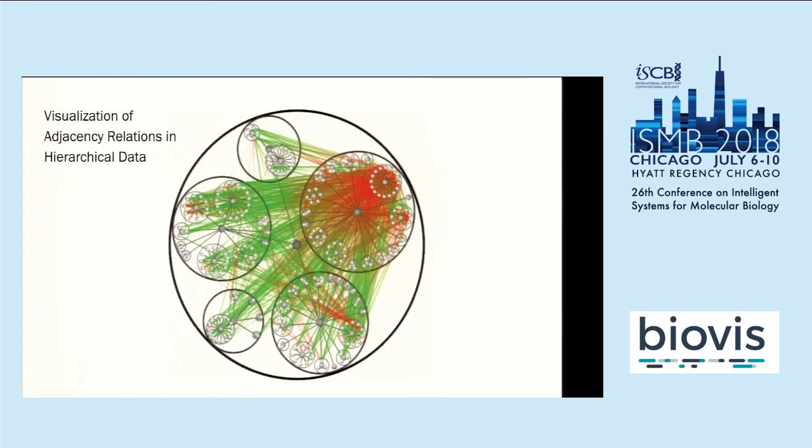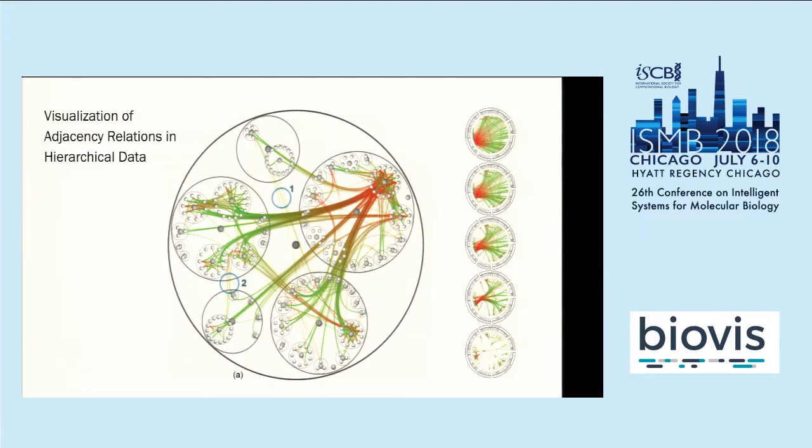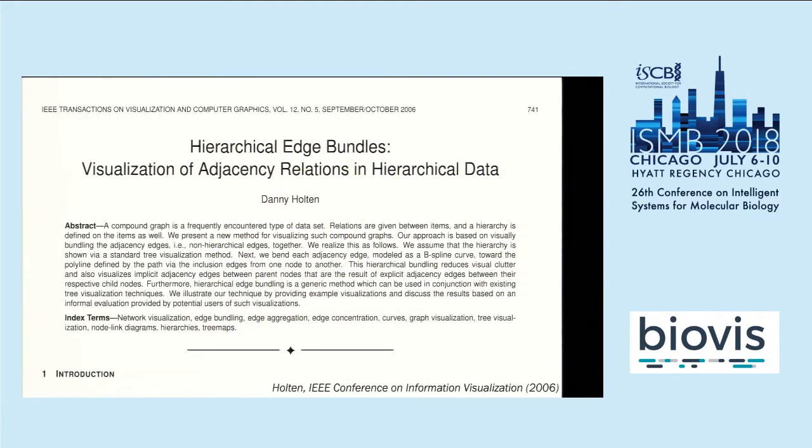Going back and forth, you see these edges in this graph visualization form bundles, and that's the idea behind a paper called, and here's another example, hierarchical edge bundles. That is a very highly cited InfoVis paper that came out in 2006.